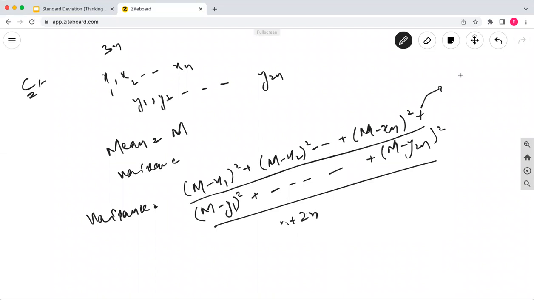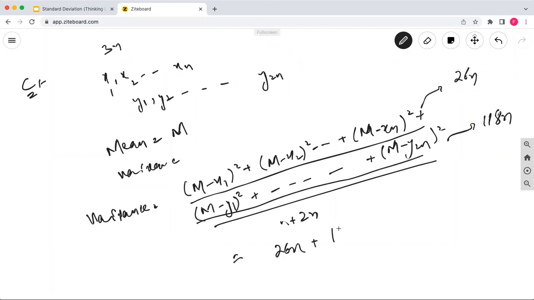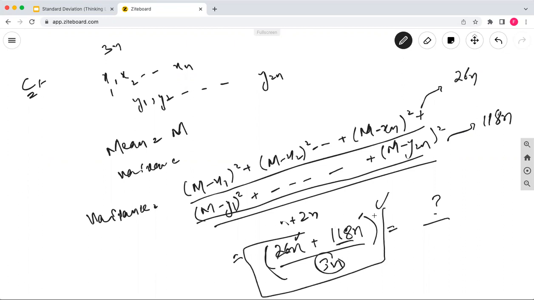This value is equal to 26n, and this value is equal to 118n. So this will be 26n plus 118n divided by 3n, whatever the value is. This is exactly the weighted average thing. If you consider these as averages, these are the numbers of elements. So this is exactly the formula for the weighted average.